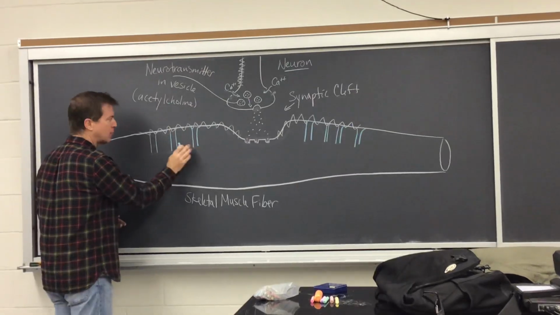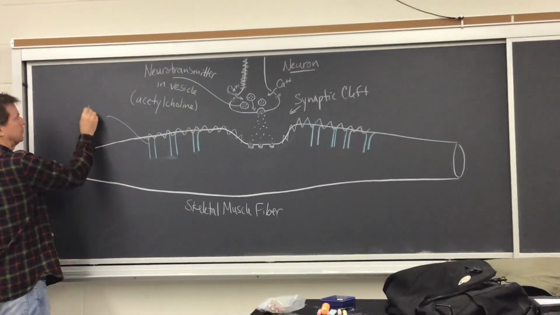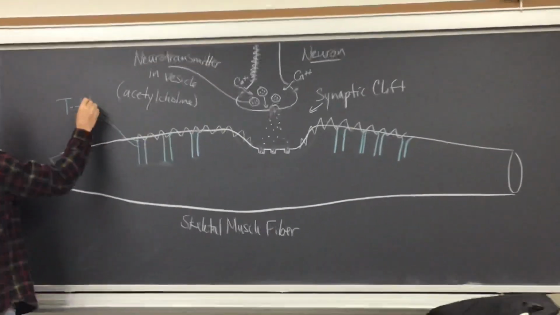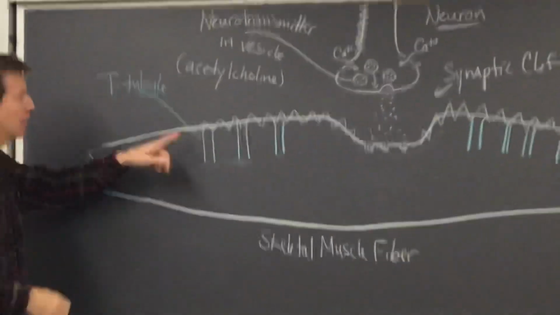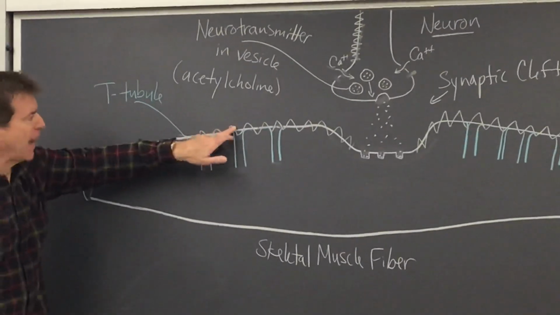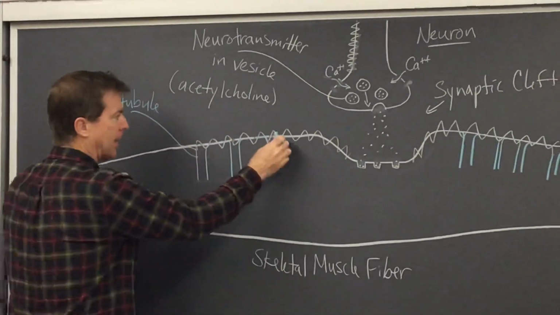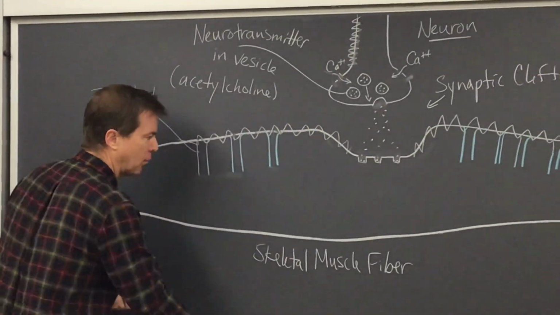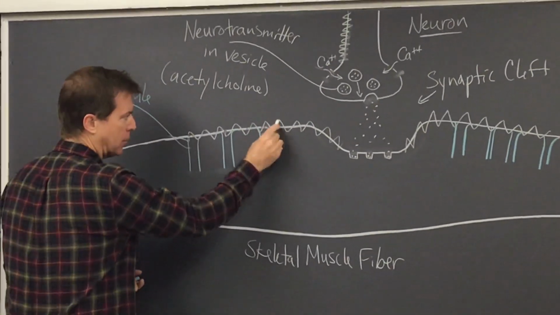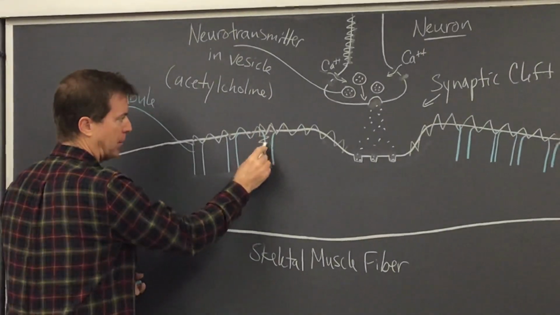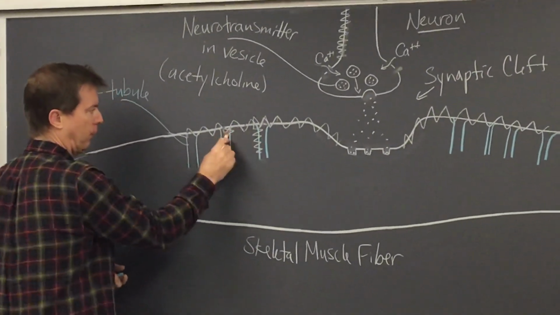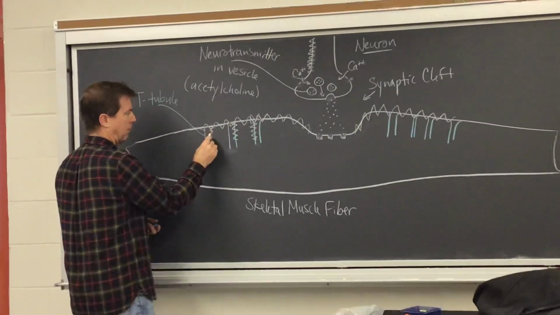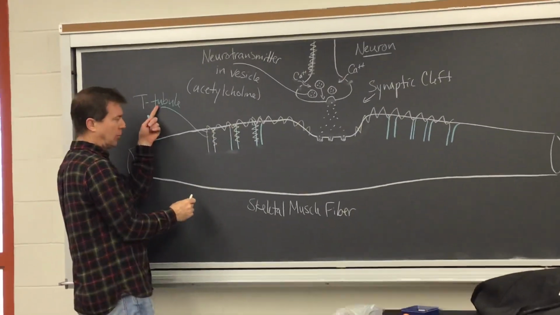So in blue I've drawn T-tubules. They are literally open pores on the edge of the muscle fiber cell that guide this electrical stimulus inward. So I'm going to draw that. Here's my electrical stimulus. Now it's going inside of the cell, guided in by a T-tubule.